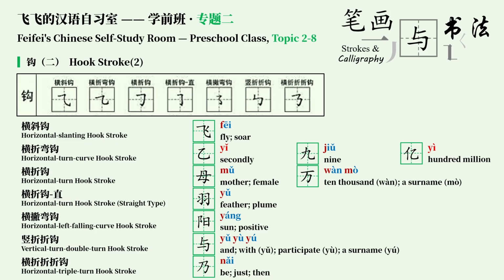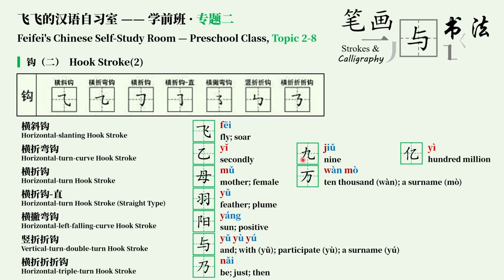The 10 heavenly stems are 甲、乙、丙、丁、戊、己、庚、辛、壬、癸, and 乙 ranks second. 乙 is also used as a standalone Chinese stroke name.